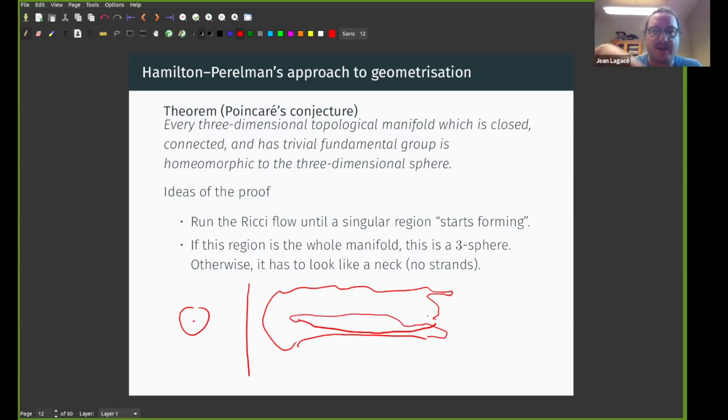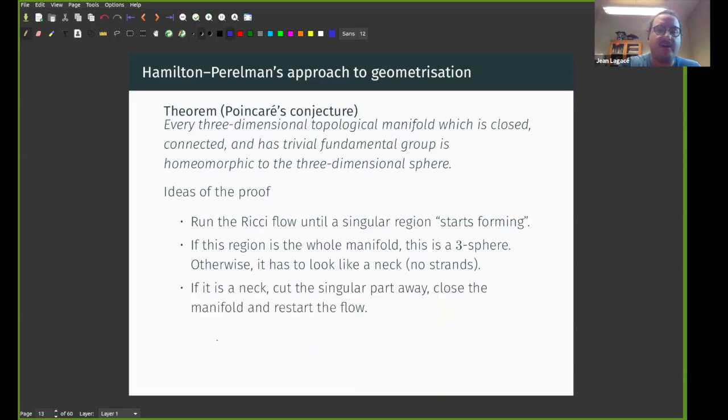But this thin neck here is a region that has very high curvature. And one of the very hard parts of this proof is showing that what can happen is either having this neck or degenerating to the whole manifold. There's no sort of strands that can come out of your manifold.